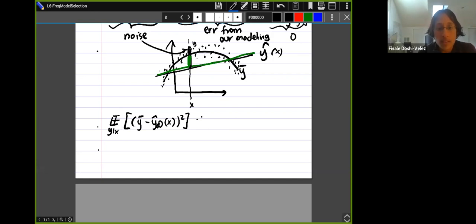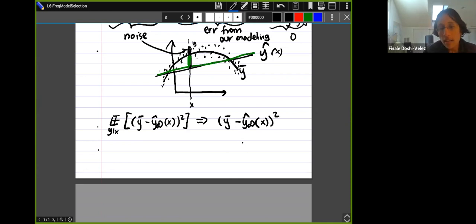So we just have this term that's y bar minus y hat for this particular data set, squared. That's going to be the error that comes up for a particular case.